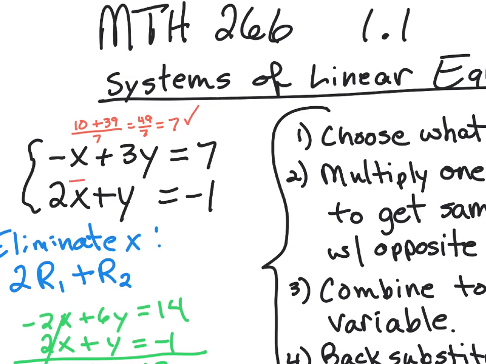The second one, remember everybody's over 7, so I don't have to sweat the common denominator. Negative 10 times 2, and then I have a positive 13. That's going to give me a negative 7 over 7, which equals negative 1. Both of them check, and I did an amazing job.